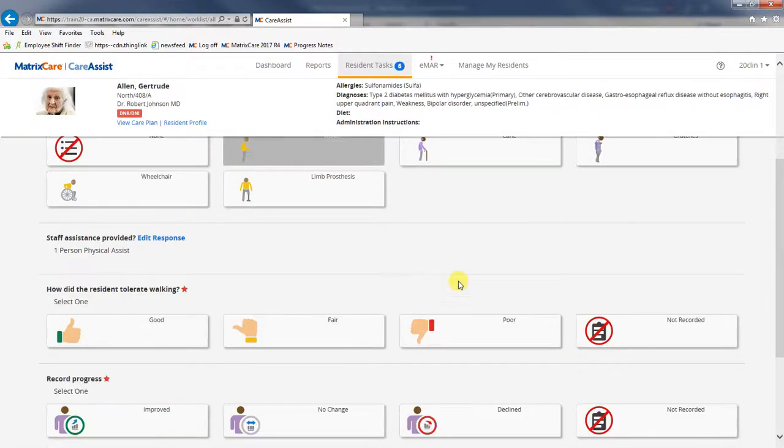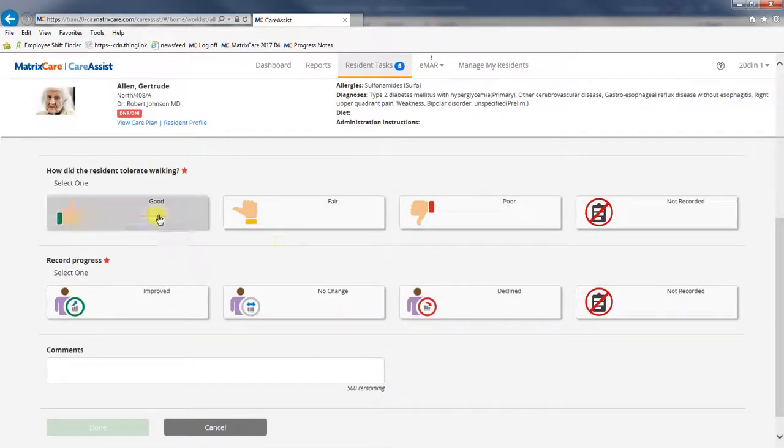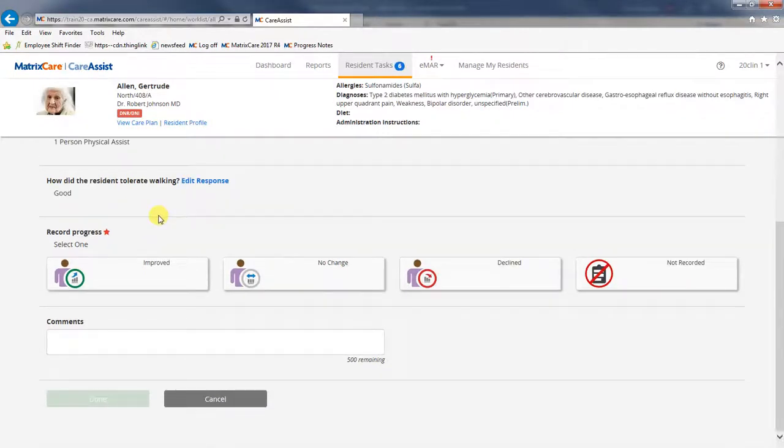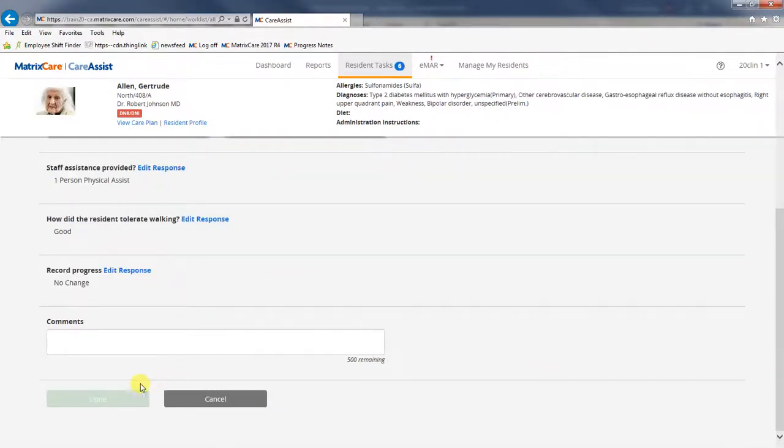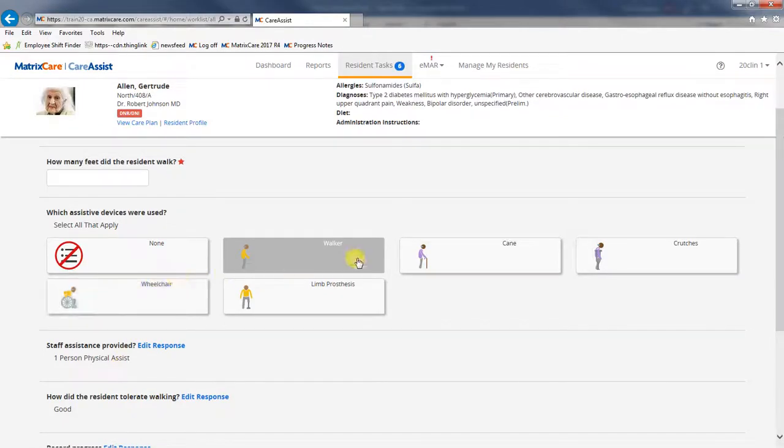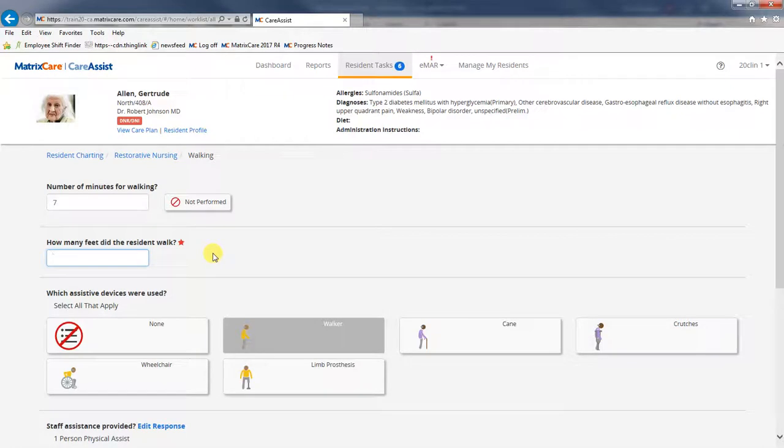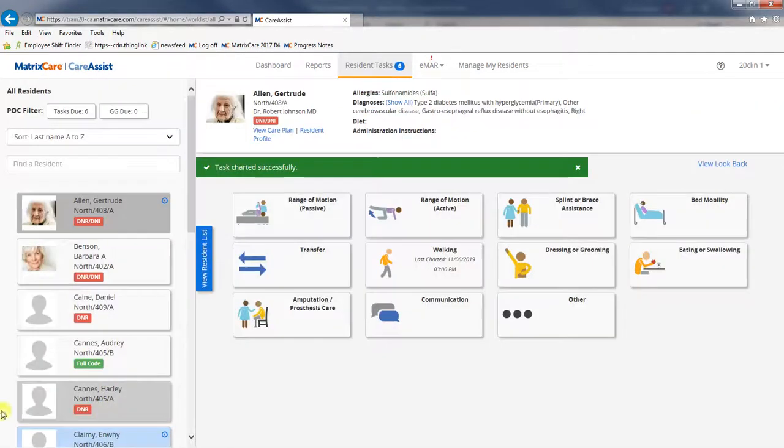They needed one person assistance. They did really great, and they hadn't changed. And put in here how many feet that they walked, and save your documentation.